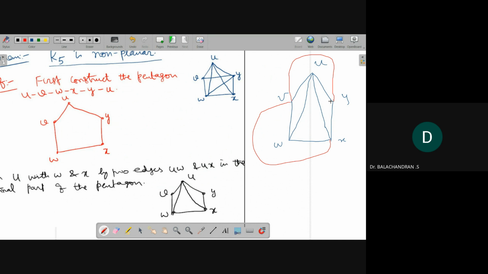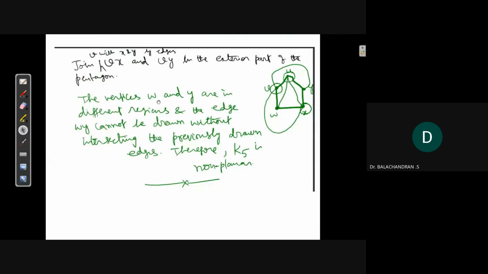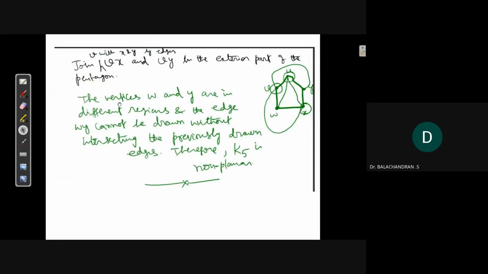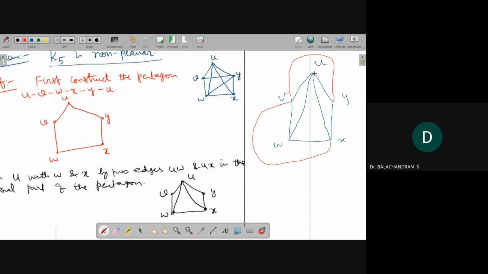Okay, so next. Now the newly drawn edges do not intersect any of the previously drawn edges. I think you can see clearly. Next, check the vertices. How many degrees for each vertex?